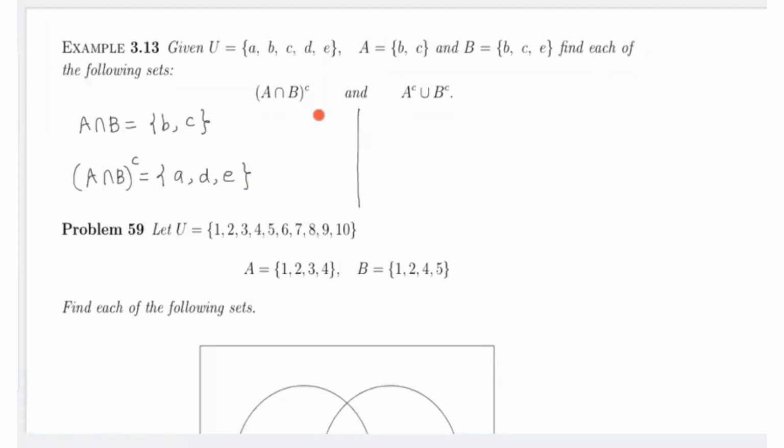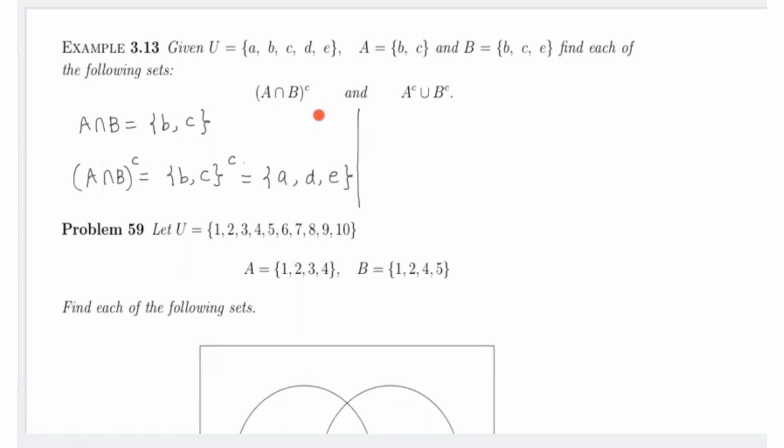Some of us write it as A intersect B, that's B and C, complement, so we do not confuse this. So we write it as A, D, and E, putting an extra step in there. That's fine. Any question? No question. All right, let's do the next one.